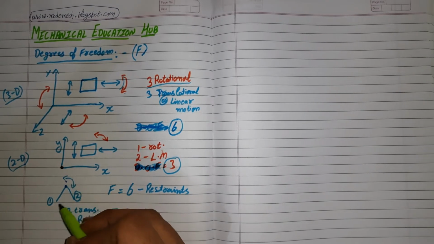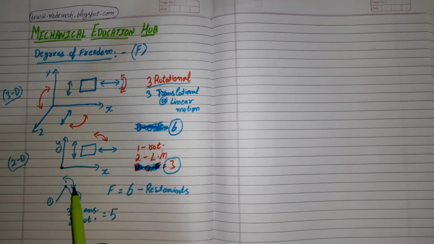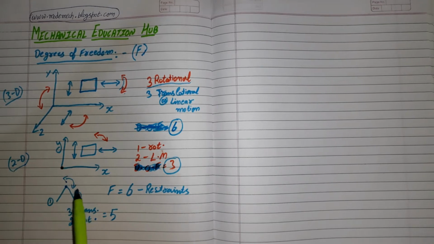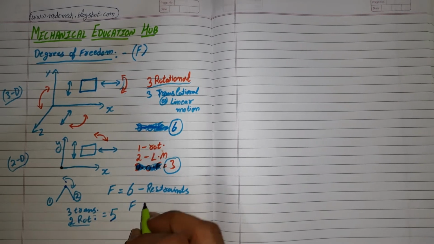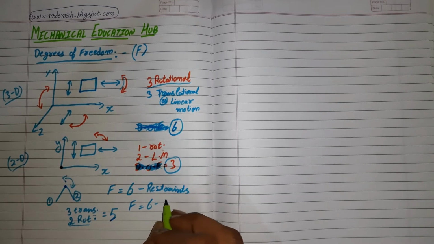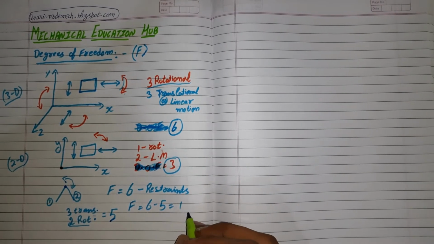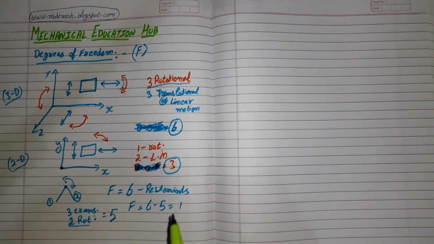It cannot rotate in this plane. It cannot rotate in this plane. So 2 rotational motions are also restrained. 3 translation motions are also restrained. So total restrained motions are 5. For calculating its degree of freedom, 6 minus 5, its degree of freedom is 1. A turning pair will always have 1 degree of freedom.